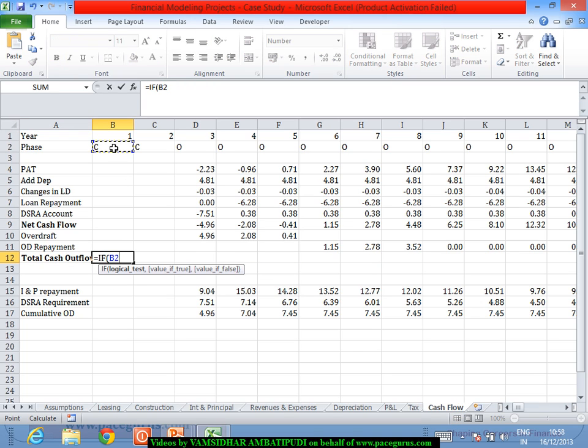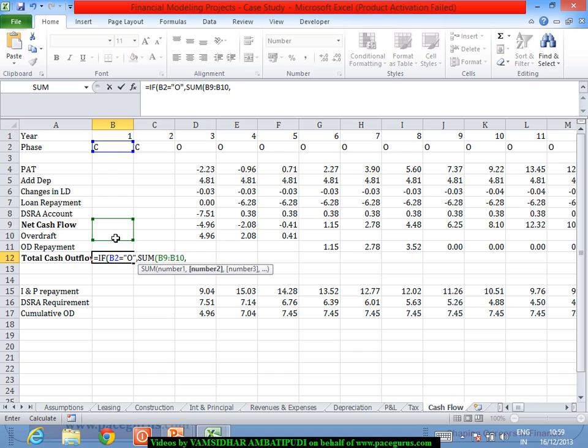If this is the operations period, I am talking about the summation of the net cash outflow, the overdraft, and probably the negative of the OD repayment. I have to take into consideration the negative of the OD repayment. So that might create a problem.